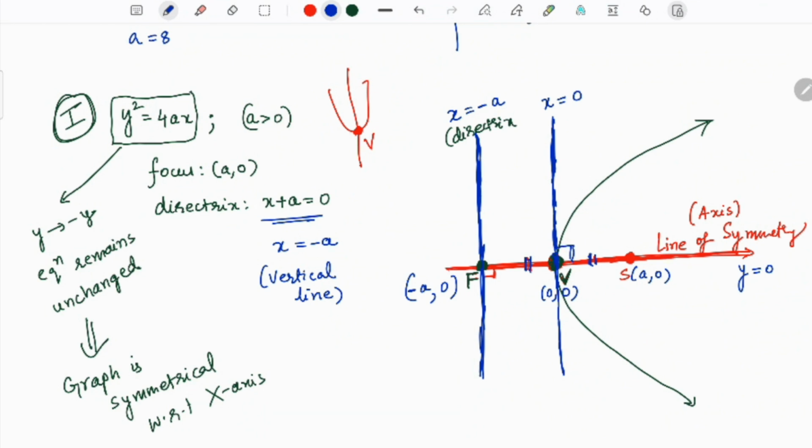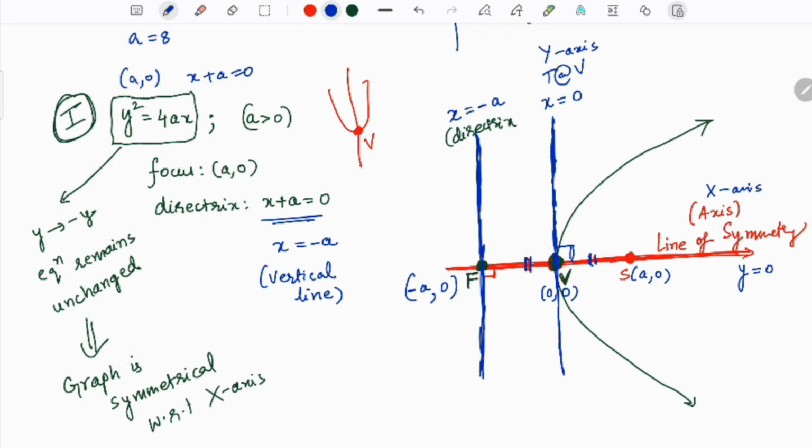Now you must be understanding why I have taken x square focus at a comma 0 and directrix at x plus a is equal to 0. Actually, it's the other way around. People wanted parabola whose axis is along x-axis, whose tangent at vertex is along y-axis.